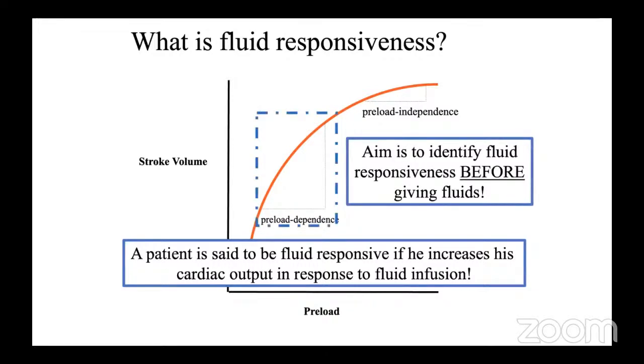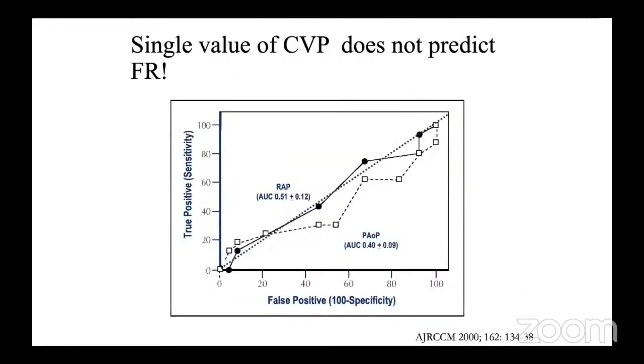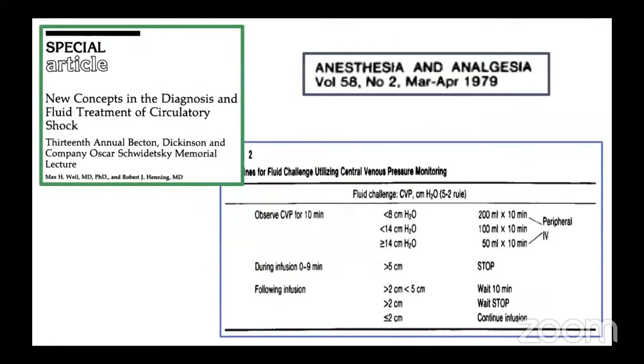In an ideal world, we would like to identify fluid responsiveness before giving fluids so that we can avoid the adverse effects of giving fluids. Just to reiterate, the single value of CVP or pulmonary arterial pressure does not predict fluid responsiveness because the area under the curve is around 50%.